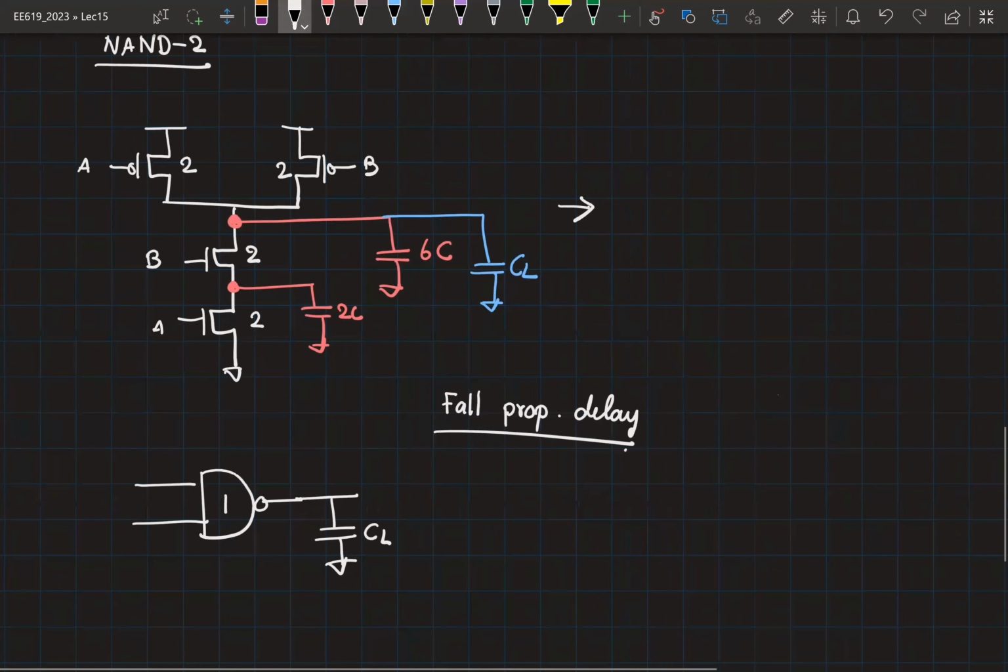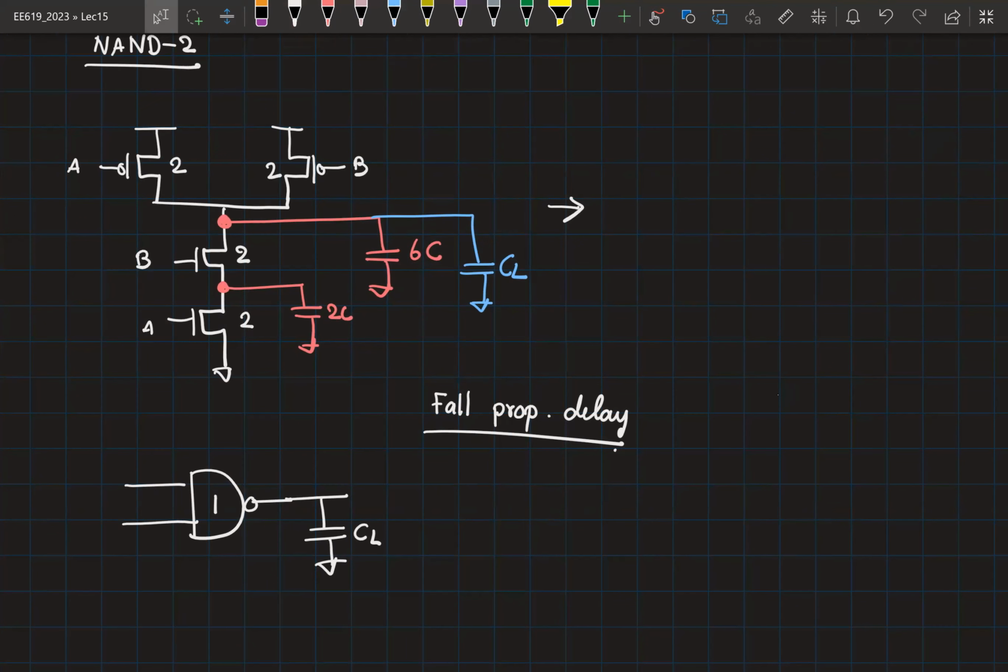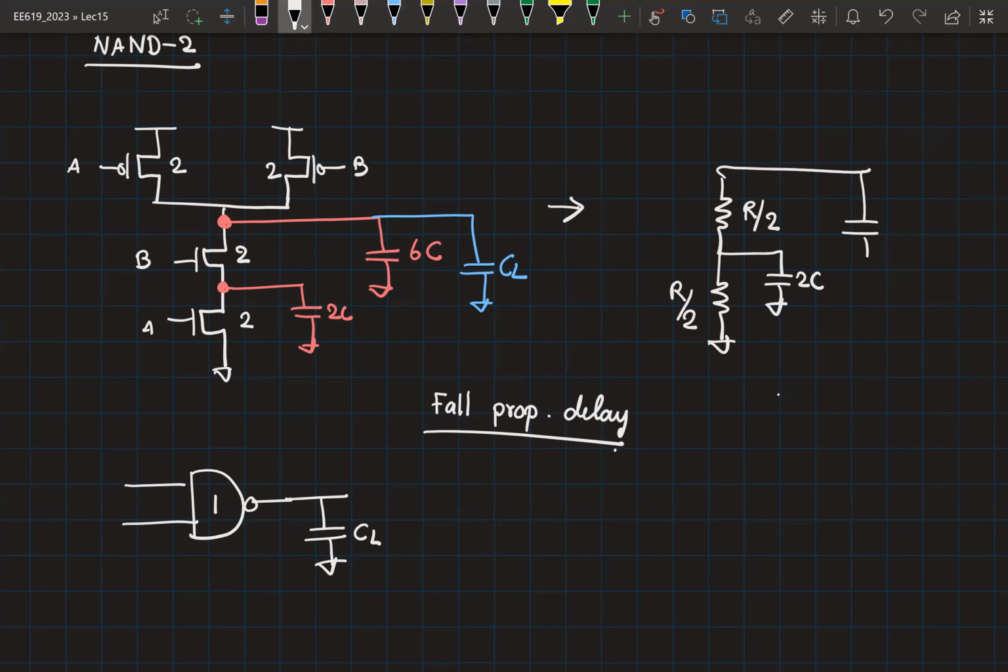So we are looking at the fault propagation delay, which means both the PMOSs are off. So I will draw the circuit first. To see, R by 2. And then you have a 6C and a CL.